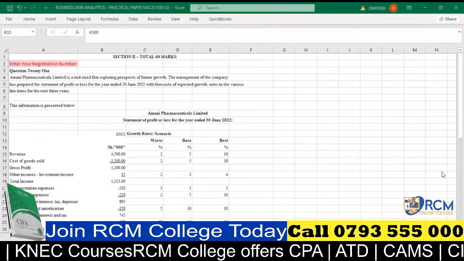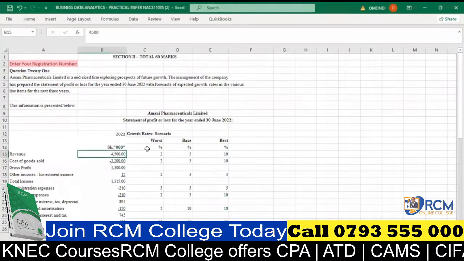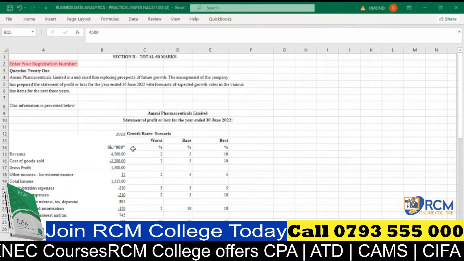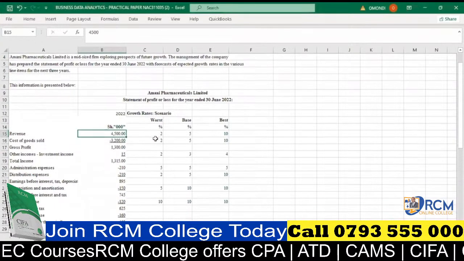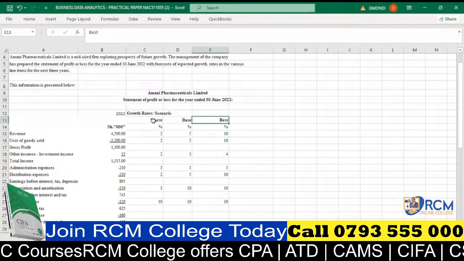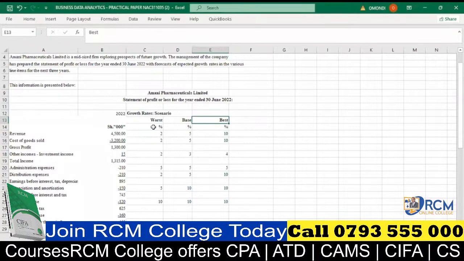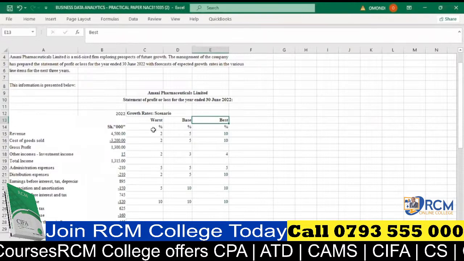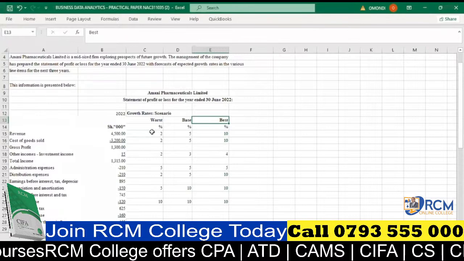Okay, let's proceed with this. So for you to tackle this, first of all, assume that you don't have base and best. You are only given worst. Then work out everything for worst for the next 3 years. Then after that, come and look for the information for base.